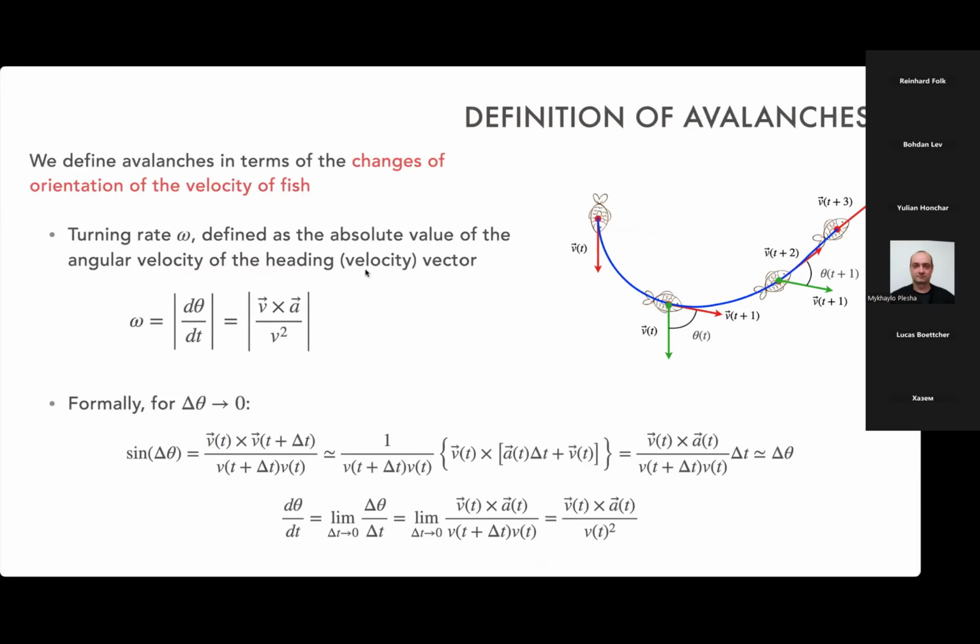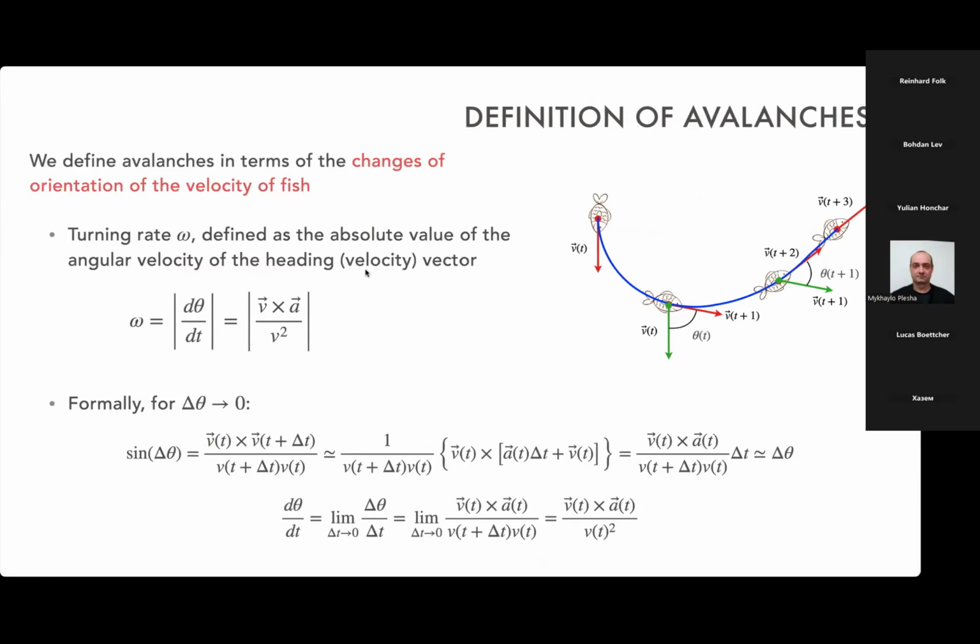So one can try to identify these large turns as turns larger than some threshold, which are infrequent turns that can lead to sudden reorientations of the movement of the school, while you disregard these small values that are essentially compatible with smooth trajectories.